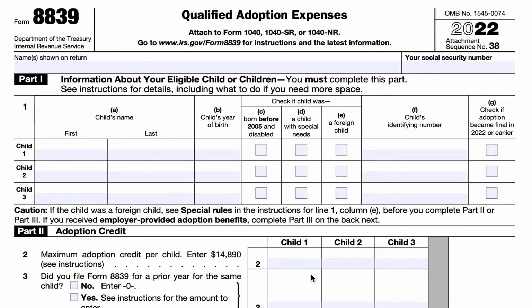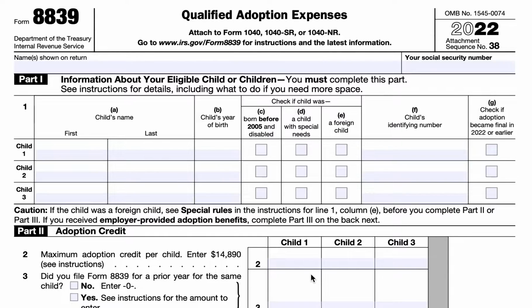You will use Part 3 to figure the employer-provided adoption benefits that you can exclude from income. You may be able to exclude those benefits from income if your employer had a written qualified adoption assistance program and if any of the following statements are true. 1, you received employer-provided adoption benefits in the tax year. 2, you adopted an eligible U.S. child with special needs and the adoption became final in the tax year.